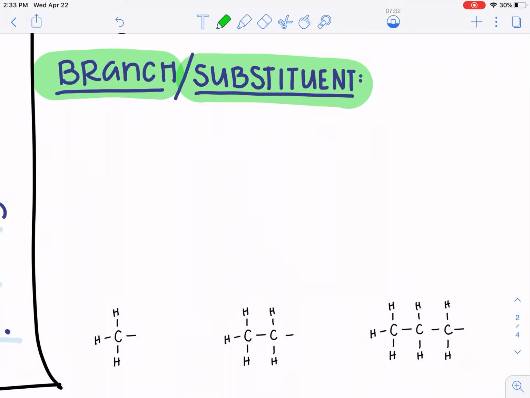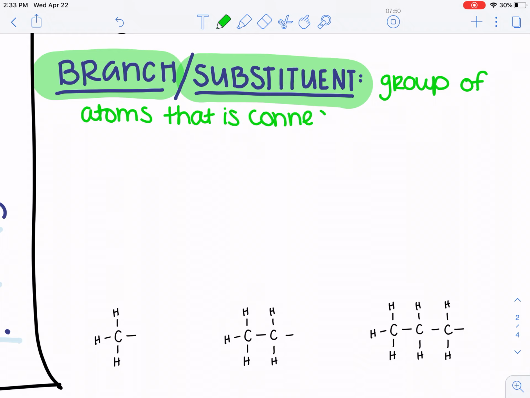I probably call it a branch more often than I do a substituent, but either one works. A group of atoms that is connected to the main chain.